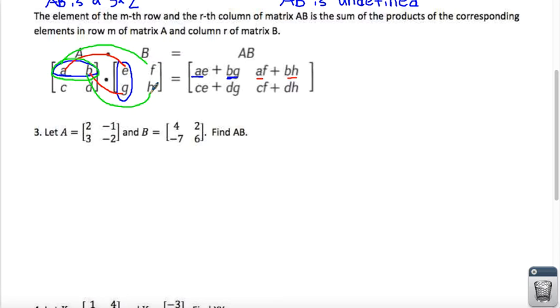To get the second row, we use the second row of A and multiply by the 2 columns of B. So let's do an example down here. If we're multiplying these two matrices, to get my first row, first column entry of AB, I'm going to multiply 2 times 4 and then add that to -1 times -7.